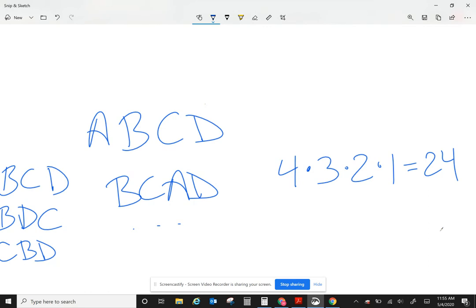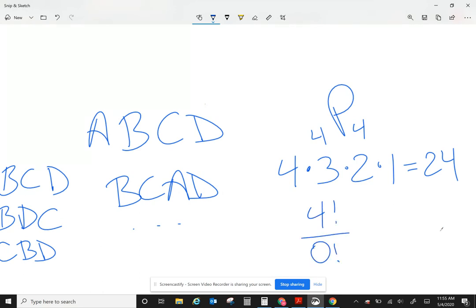Now, the interesting part, this is where we come out with permutation. The way we're going to write this in permutation, we're going to use the P for permutation, and I'm just going to say from four letters, I'm going to choose 4. And then we're going to write this as 4 factorial over 0 factorial.